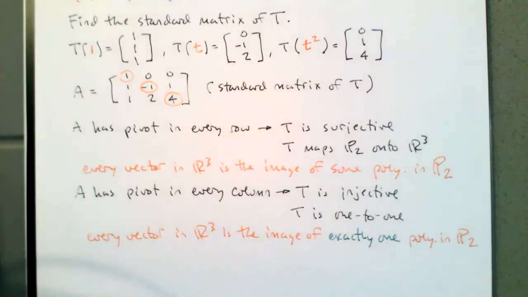Pivot in every row gives us span, that gives us existence. Pivot in every column gives us uniqueness.